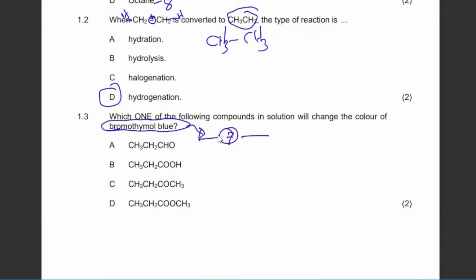So in this case, we will look at a compound which is having relatively weak hydrogen ions ionized, or the pH is a little bit higher, which is near to the pH of 7. So if you look at this one, no. This one is acidic. This one, no. This one, no. So the answer is going to become this.